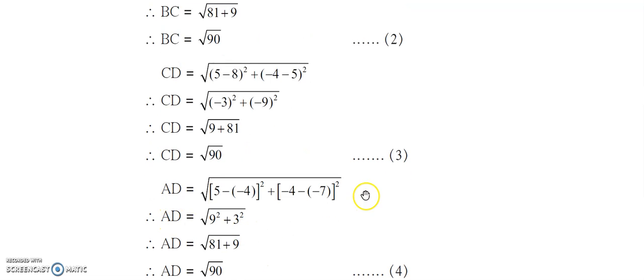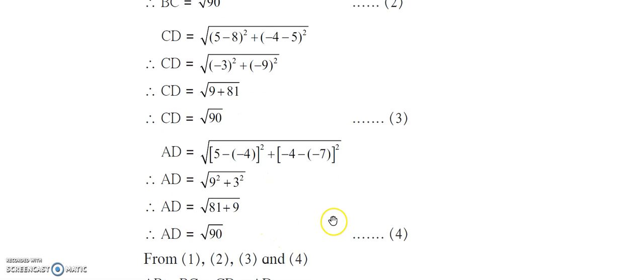Last is AD, the square root of (x2 minus x1) squared plus (y2 minus y1) squared, and that is 5 minus (-4). Whenever the next term has a minus sign, it is more necessary to use brackets, and so minus and minus become plus. 5 plus 4 is 9, and minus (-4) again becomes plus, that is -4 plus 7 means 3. You will get 3 squared plus 9 squared, that is 81 plus 9.